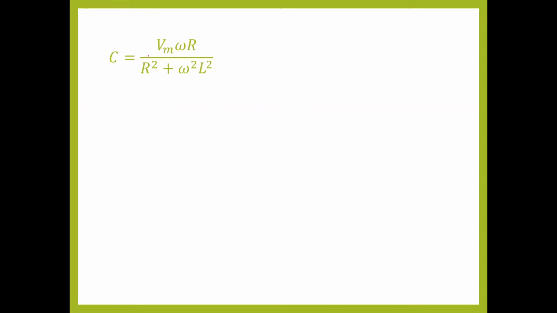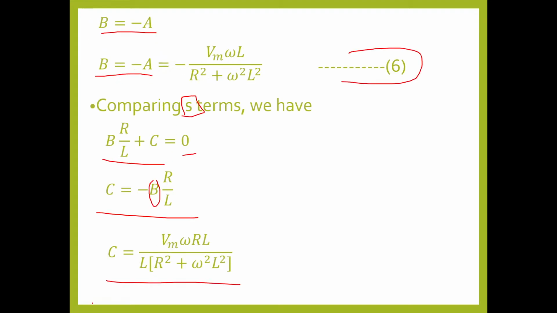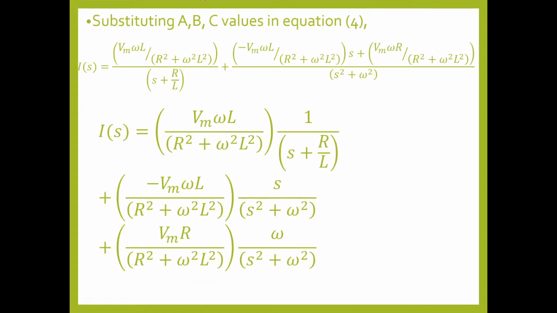Now whatever expression you have got for c, I have simply rearranged the terms. Here L is cancelled, so I have cancelled L and got this expression. Now substitute this a, b, c in your equation 4. If you substitute, you will get this expression.